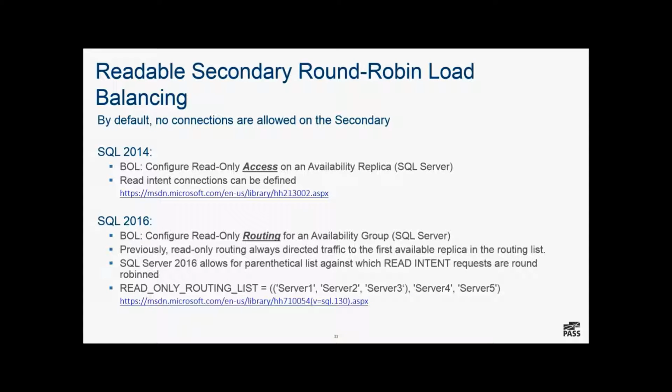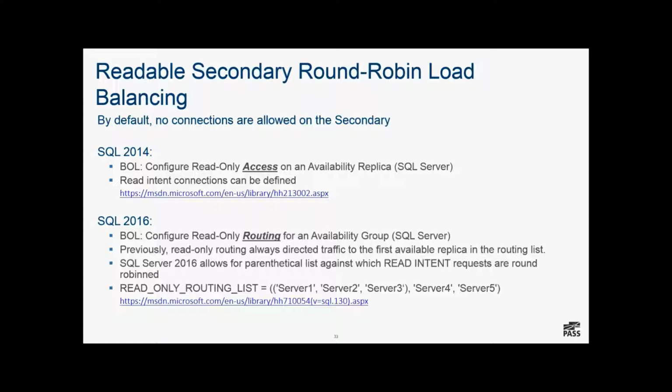For example, we may have readable secondaries within a primary data center that are available on a day-to-day basis for readable queries, reporting, etc. But we might also have a readable secondary in a data center far away.